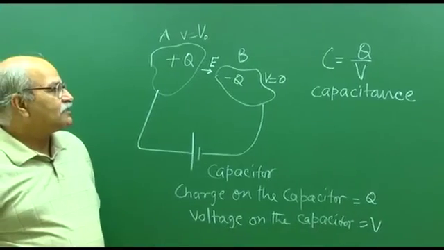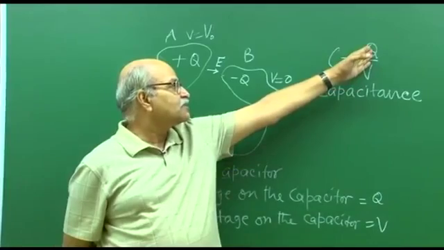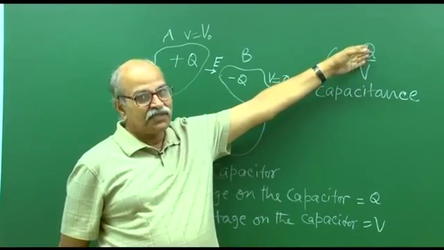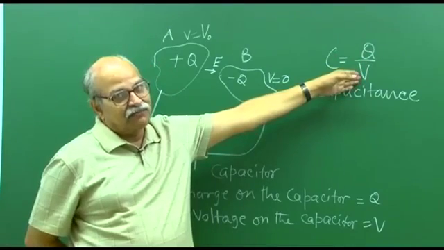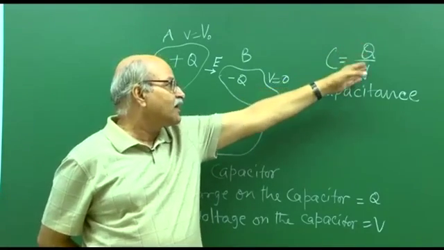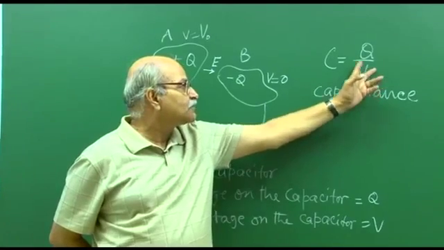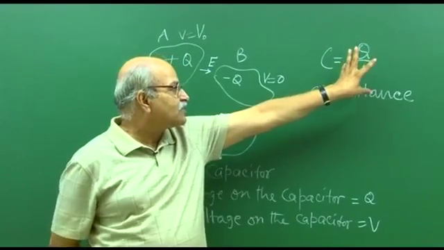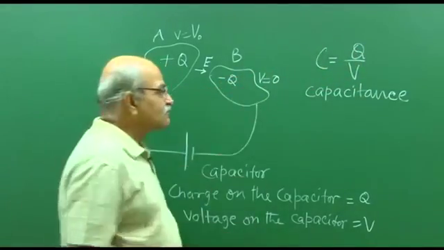So, what would be the unit? Q charge is measured in coulombs, SI unit. Potential difference is measured in volts, and when you divide coulombs by volts, the unit you get is known as farad.